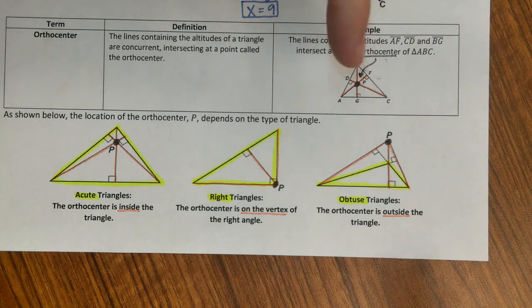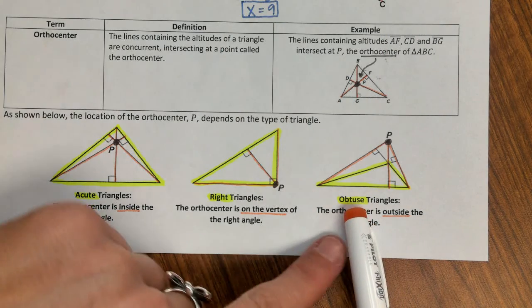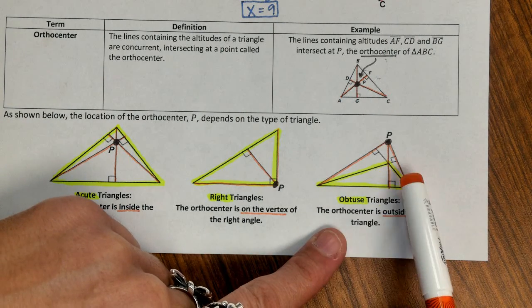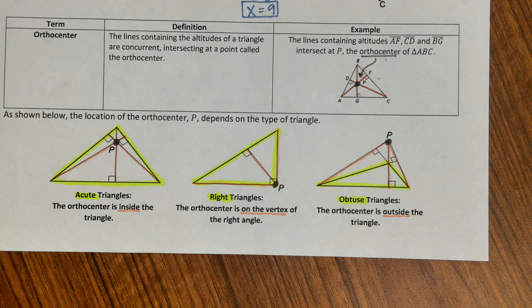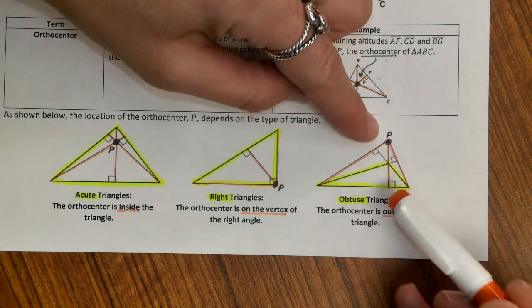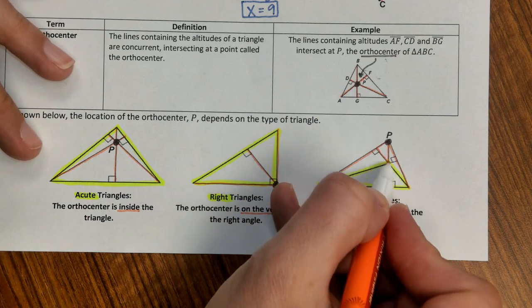The biggest reason I wanted to highlight was because when you have an obtuse triangle, I want you guys to see what I've highlighted. I've highlighted, again, the 3 sides of the triangle. That way I don't get confused with all the lines. The sides were more bold and they were darker. So I was able to see now all 3 of my altitudes. I think I forgot to trace this one.